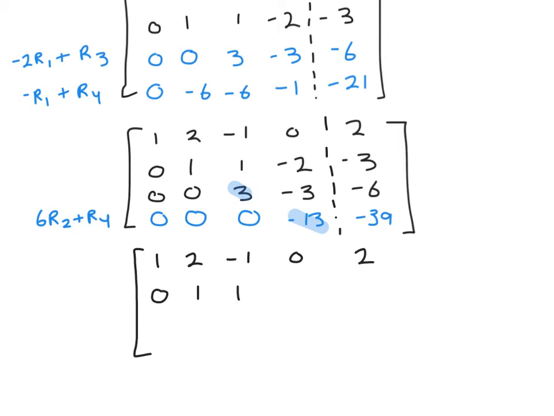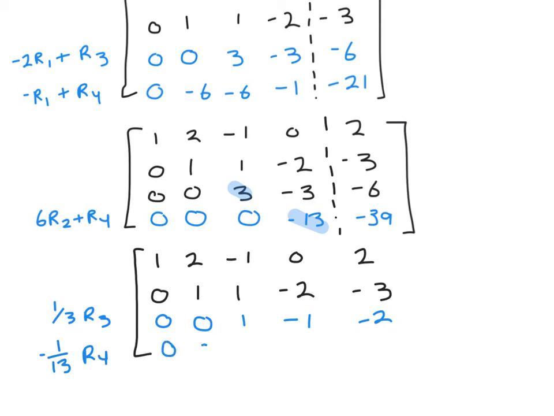So let's set up our first 2 rows. And then this row I'm going to multiply by 1/3. So we have 1/3 row 3. So we end up with 0, 0, 1, -1, and -2. And then for our 4th row, I'm going to multiply it by -1/13, which will turn that number into a 1, times row 4.